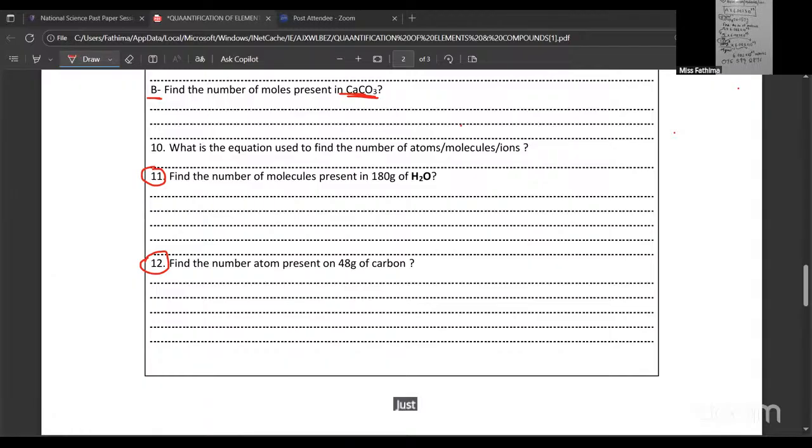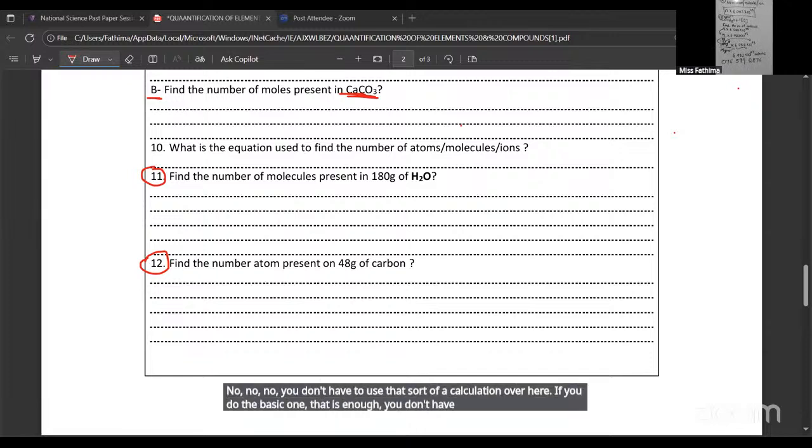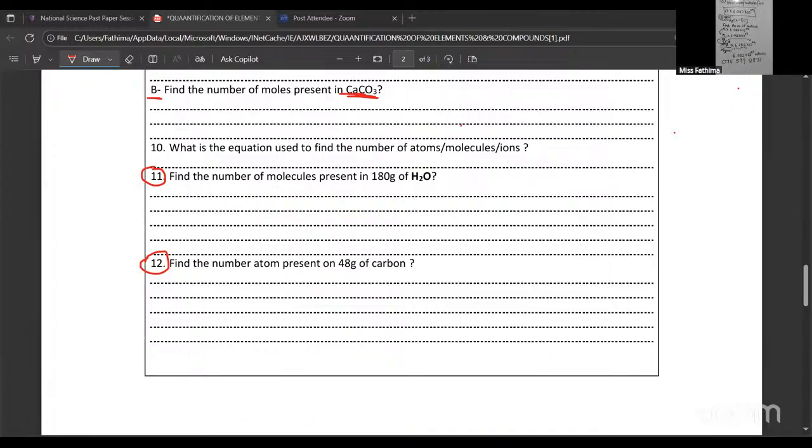Just do the first one. No, Shima, it's not that value. Check, check. Wait, I'm slowly reading one by one. You don't have to use that sort of calculation over here. If you do the basic one, that is enough. You don't have to change the power. Don't go and do the advanced one and finally end up with the wrong answer.